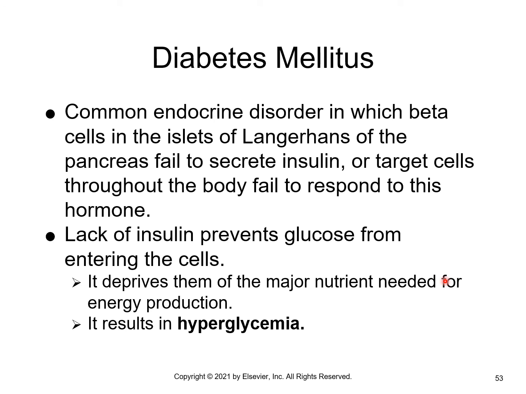Now, the problem that can happen is if the pancreas is not secreting adequate values of insulin to administer or move that insulin out of the bloodstream into the cells, then we have excess sugars in our bloodstream. Those excess sugars, with the lack of insulin, deprive the cells of the glucose that they need for energy.